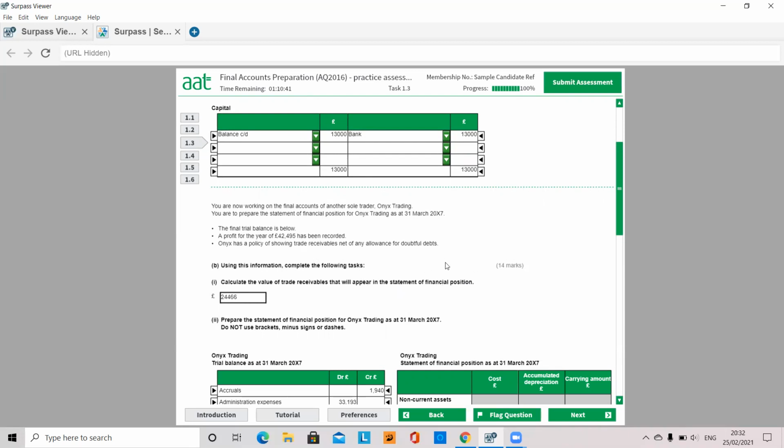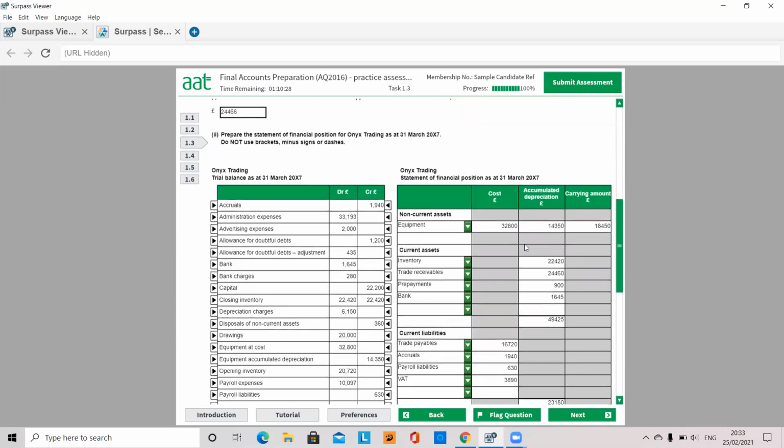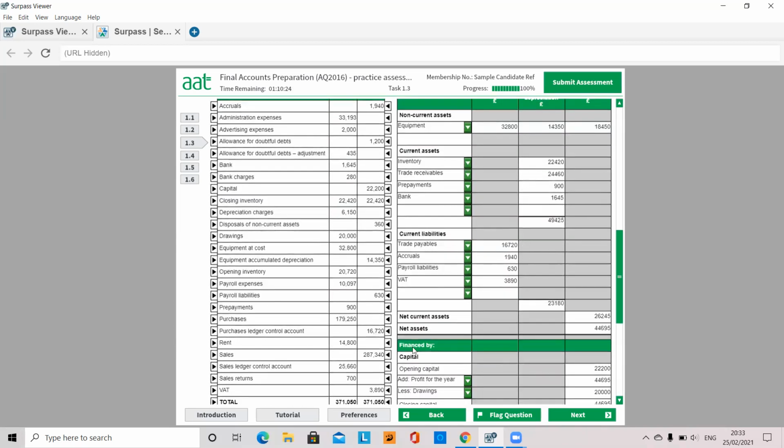Onyx has a policy of showing trade receivables net of any allowances for doubtful debts. So we look at our trade receivables, our sales ledger control account, and we can see that our trade receivables is £25,660, but we've also got an allowance for doubtful debts of £1,200.